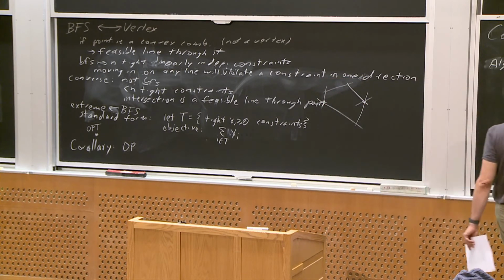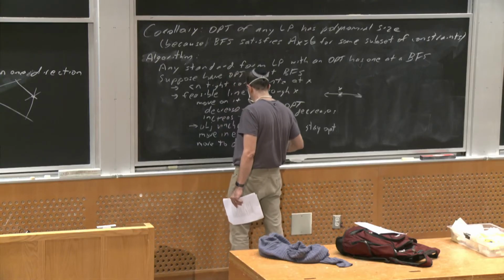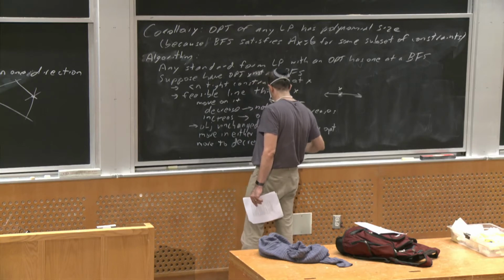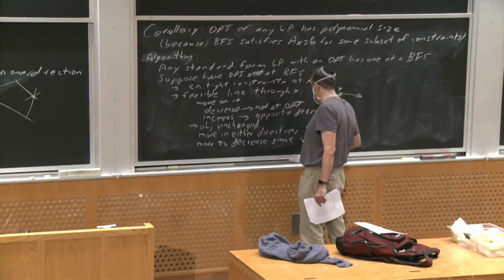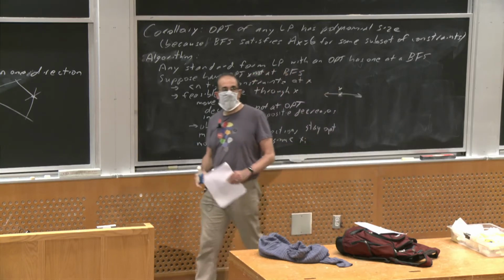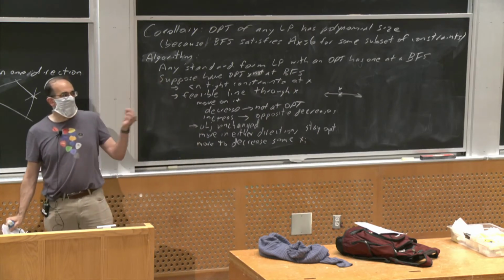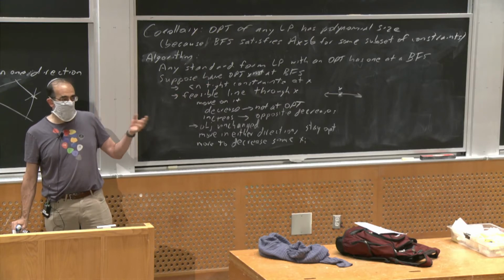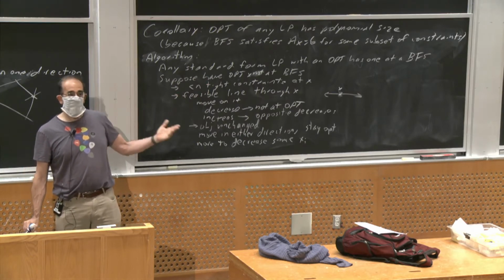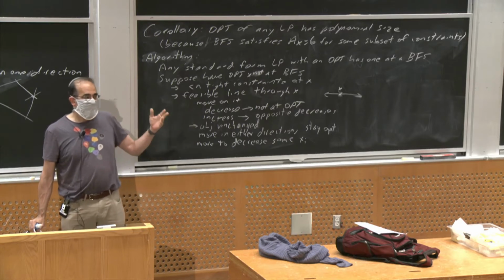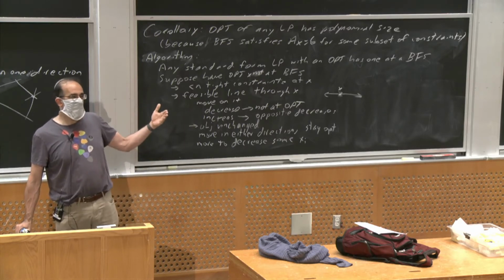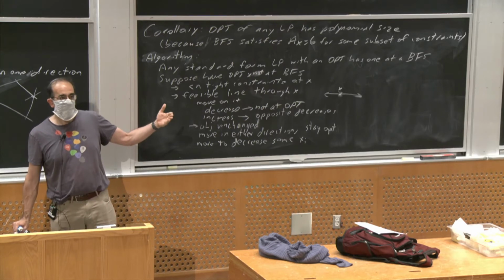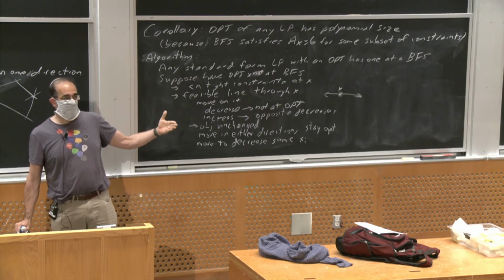So we're going to move to decrease some xi. As you move on this line, each xi increases or decreases, or maybe it doesn't change, but it's a line, so the xi's can't all stay unchanged. Move in a direction that decreases one of them, and eventually either that one will reach 0 or some other xi will reach 0, and then you've just created another tight constraint.